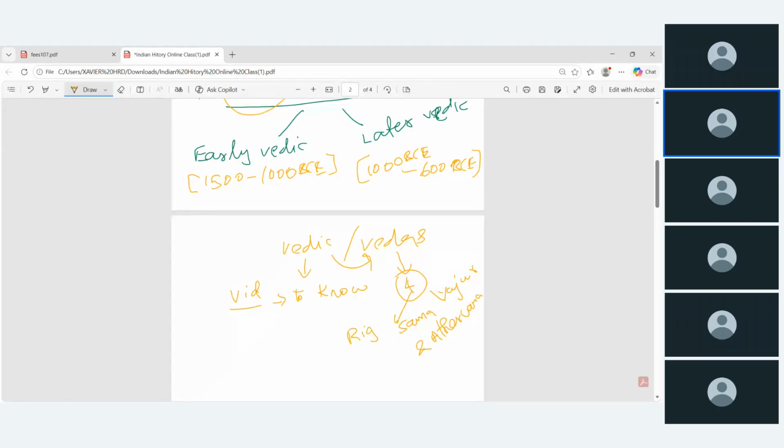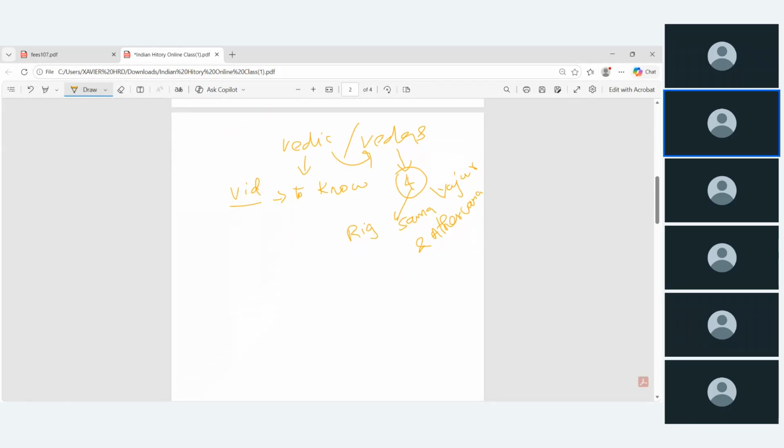Another major question: who gave these Vedas? The answer to this question is the Aryans.